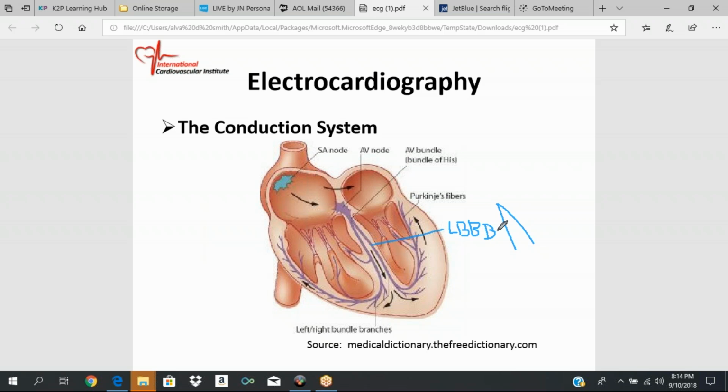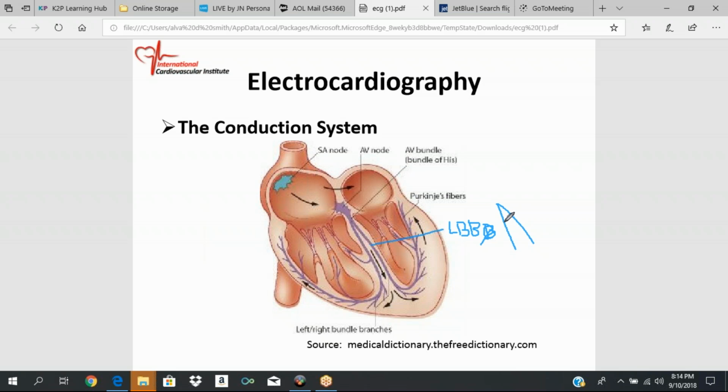Sorry, we're not going to do block. So just left bundle branch. It's commonly blocked, so we commonly talk about left bundle branch block. So this is our left bundle branch.